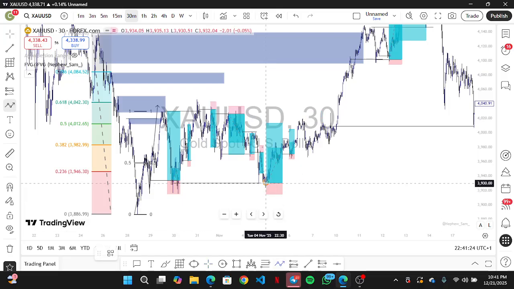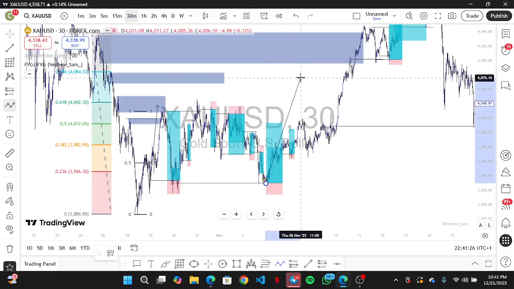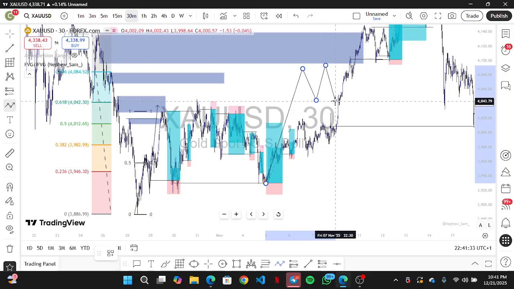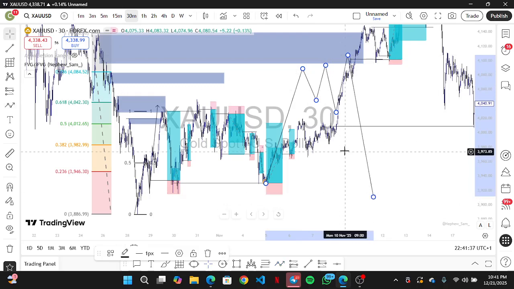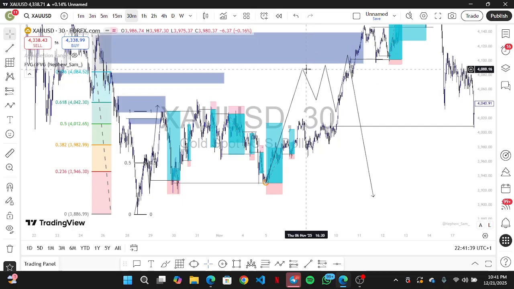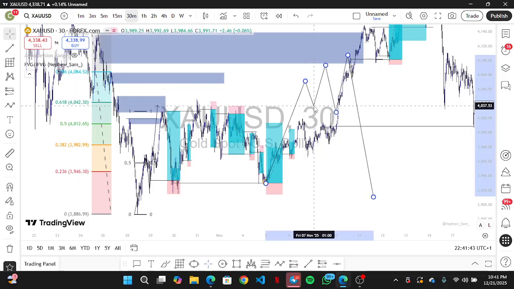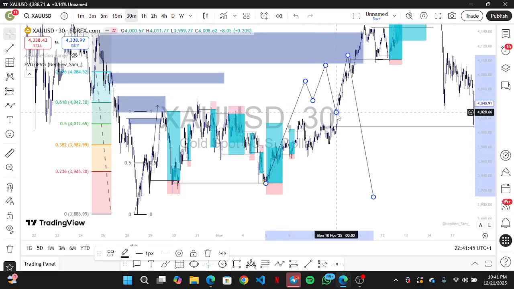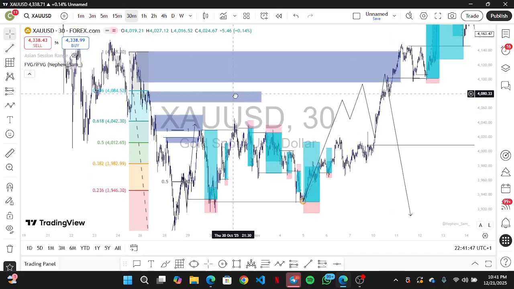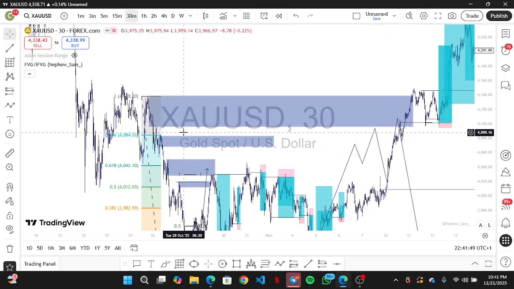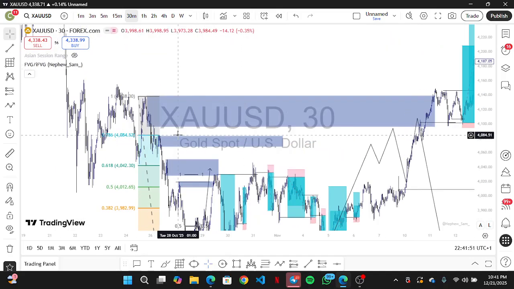For this to have held, we would have needed price to do something like this, come here and sell, for that OB to have held. This is a 4 hour OB, but if you look at the price action there, all those small things cannot serve as liquidity. You get what I'm saying, right?